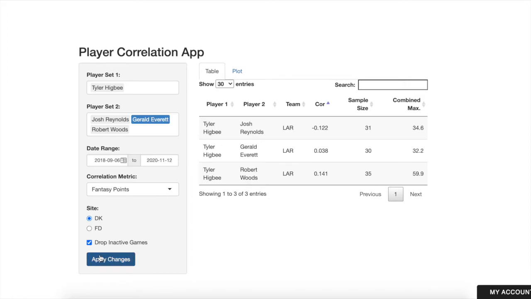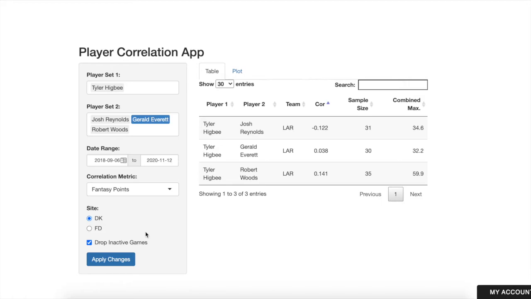So we have this drop inactives checkbox, which is just a logical checkbox that says if a player is inactive for a game, don't consider the outcomes from those games as possible data points for correlation, because that player didn't play. So it's kind of difficult to understand how player X relates to player Y in games when player Y didn't play.